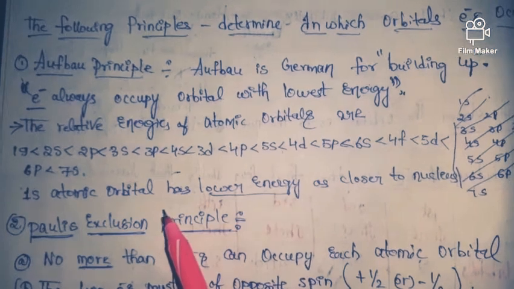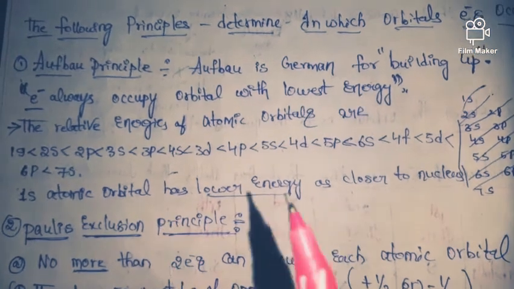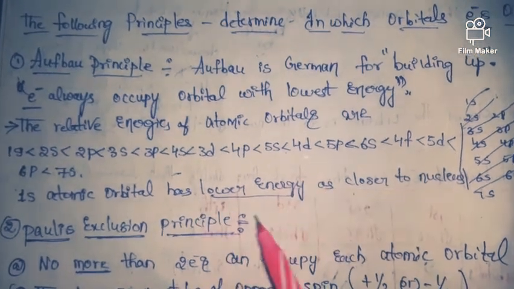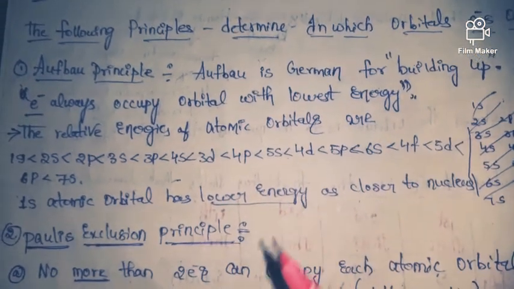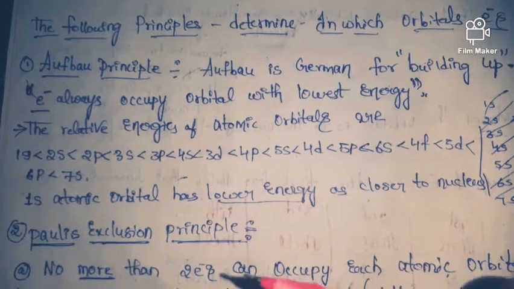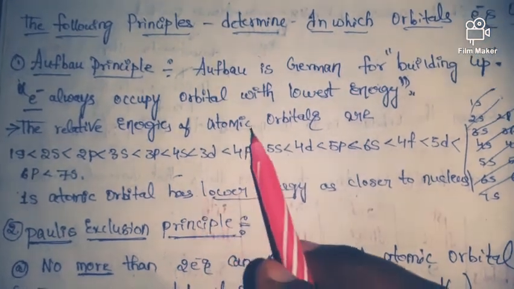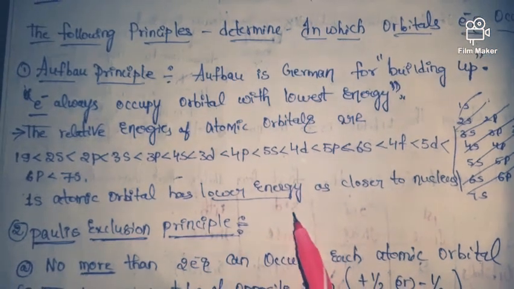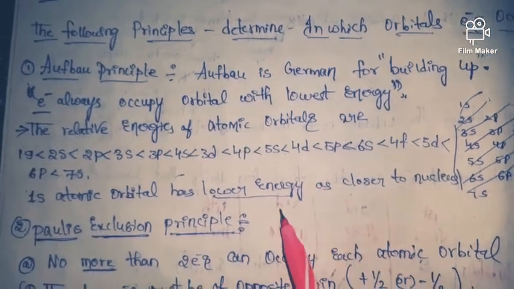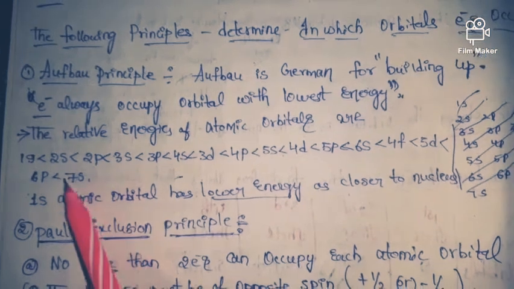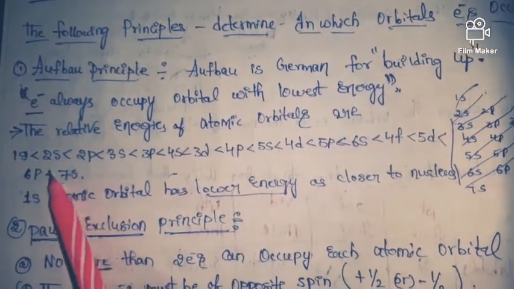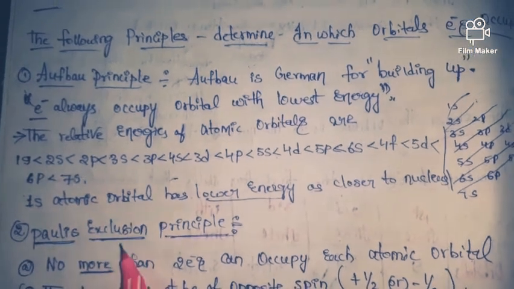In our previous video we have already discussed that the orbital closer to the nucleus will have the lowest energy, and the orbital far away from the nucleus will have the higher energy. The 7s orbital will have the higher energy because it is far away from the nucleus, no? So that point I have mentioned here.